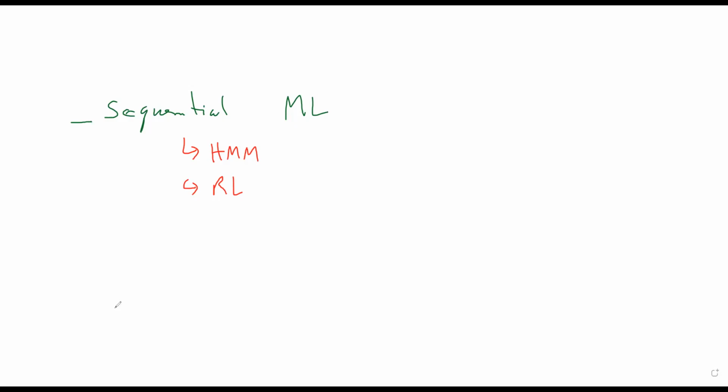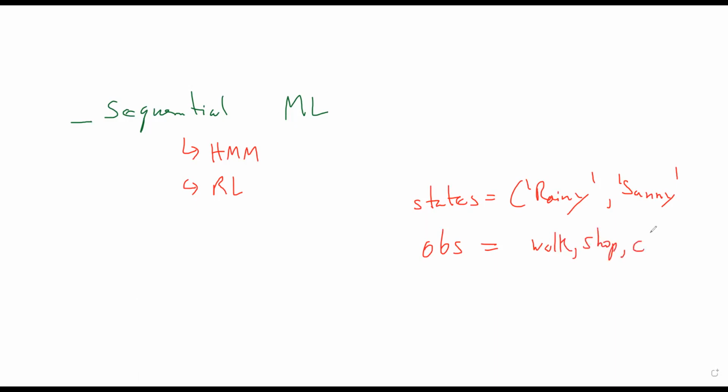Okay, so we were looking at the problem of predicting states, in this case rainy, sunny, given some observations. The observations are going to be walk, shop, clean, walk.